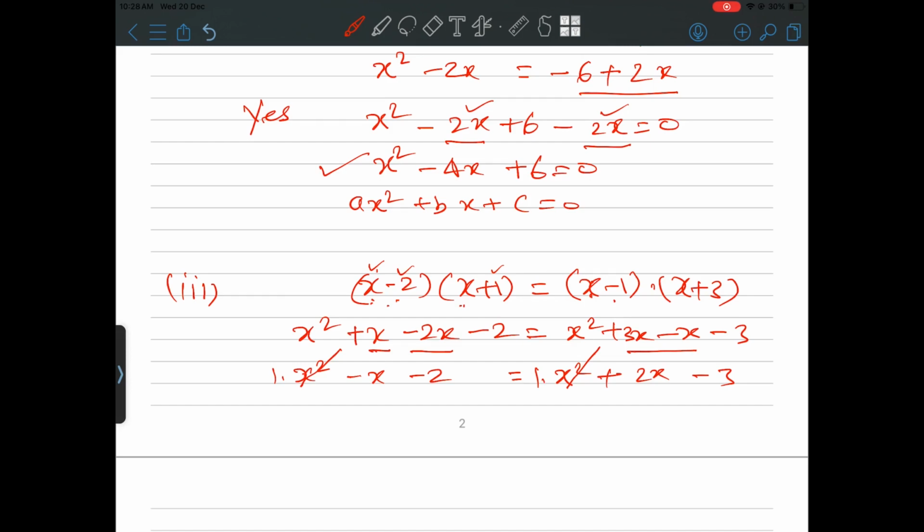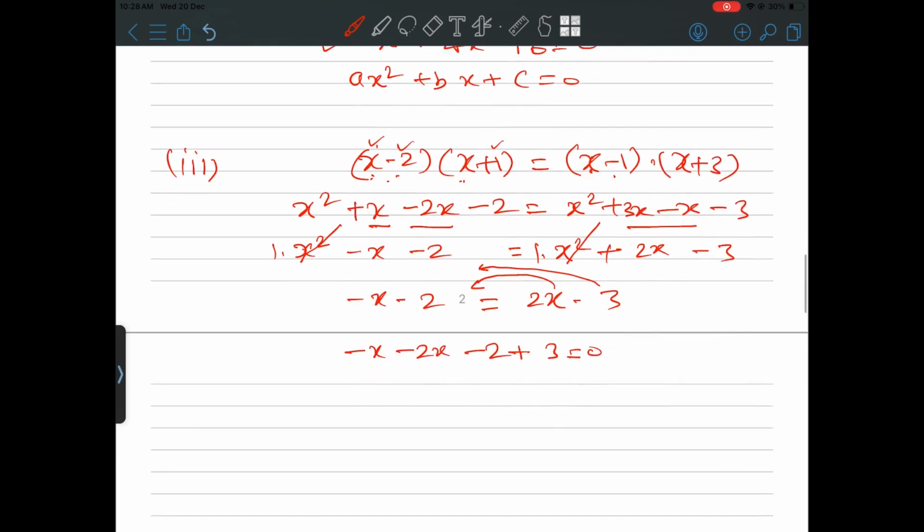So we can cut both, right? Now our equation is left as minus x minus 2 is equal to 2x minus 3. Now if you bring all these terms to the left-hand side, it becomes minus x minus 2x, then minus 2 plus 3 is equal to 0. Ultimately, we find minus 3x plus 1 is equal to 0.